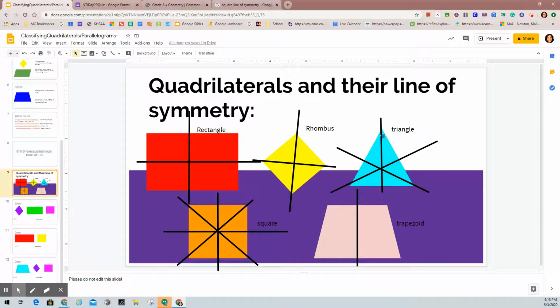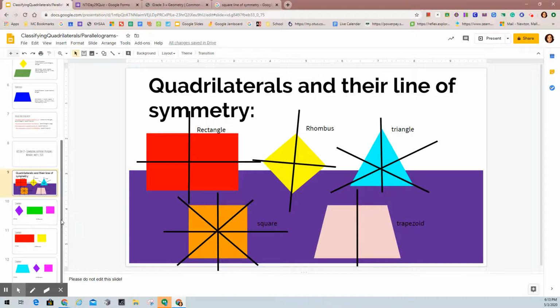A triangle has three because it has three different points that will perfectly meet down the middle. A square has 1, 2, 3, 4 different lines of symmetry, and a trapezoid only has one line of symmetry because if we were to try to split it down the middle this way, we know that this side at the top and this bottom side are not the same. They would not perfectly meet. So a trapezoid only has one line of symmetry.